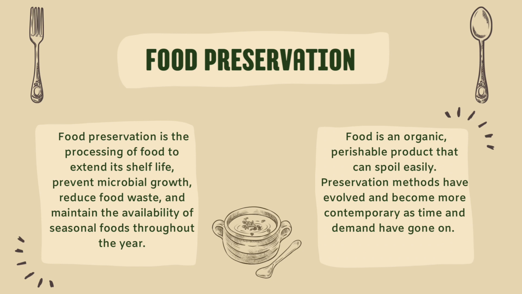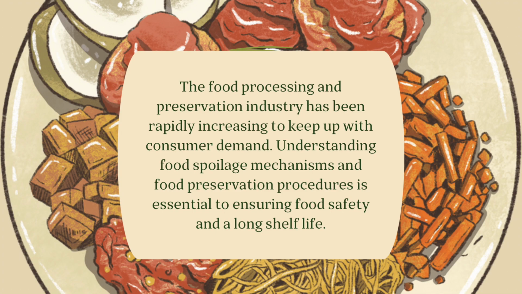Preservation methods have evolved and become more contemporary as time and demand have gone on. So, the food processing and preservation industry has been rapidly increasing to keep up with consumer demand. Understanding food spoilage mechanisms and food preservation procedures is essential to ensuring food safety and a long shelf life.